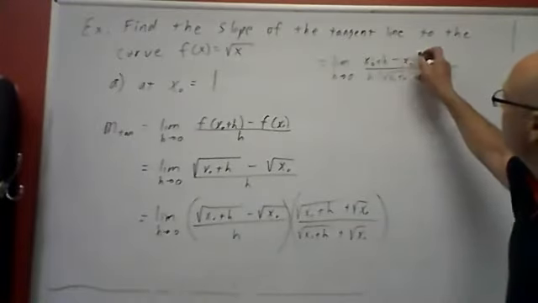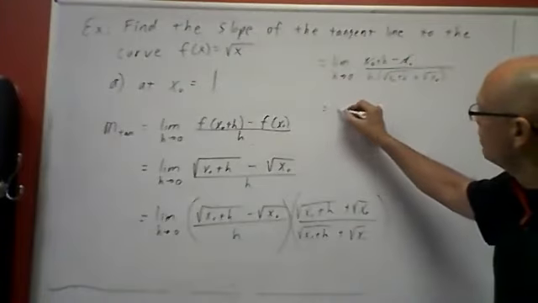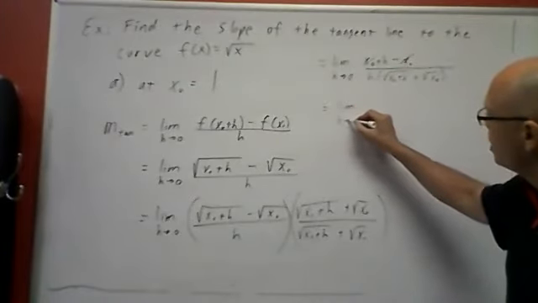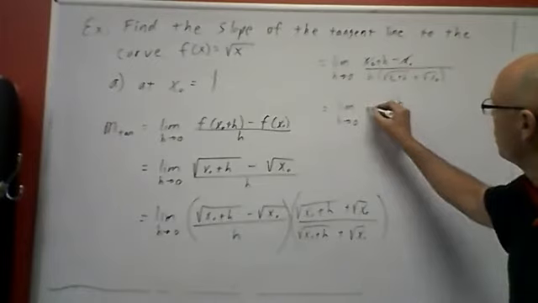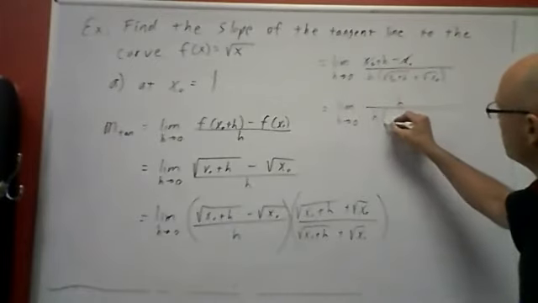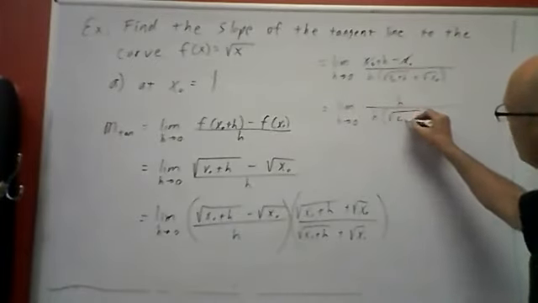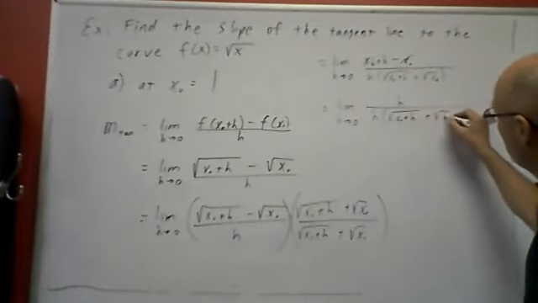Up top, these x naughts are going to zero out. So I have the limit as h approaches 0 of h over h times the square root of x naught plus h plus the square root of x naught.